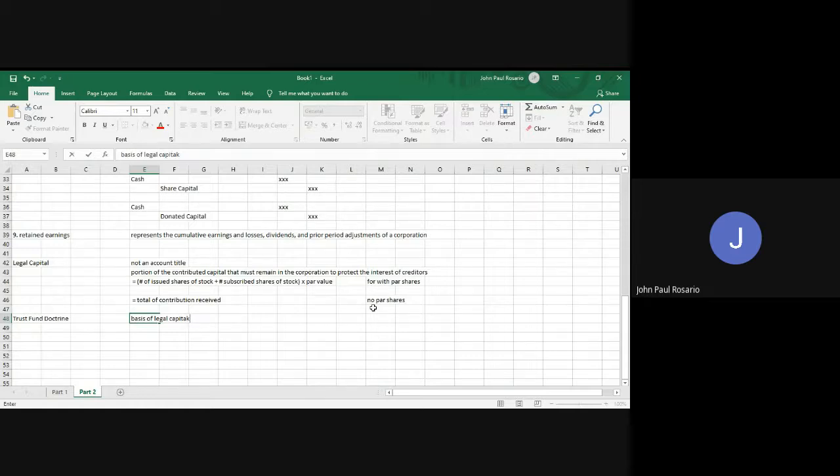This is not enacted by law, but this is a legal principle that prohibits corporations from returning or distributing its capital to its shareholders. The purpose of this is para maprotektahan ang mga nagpautang sa corporation.